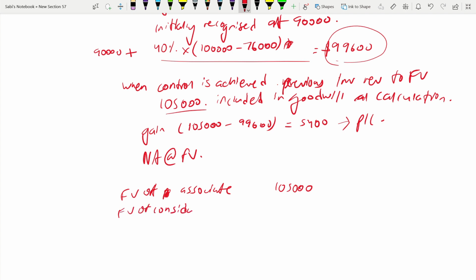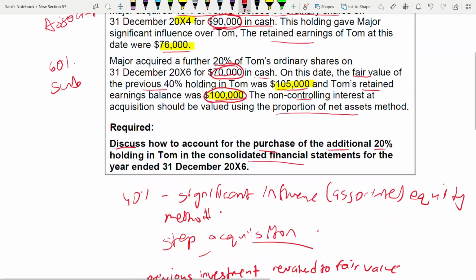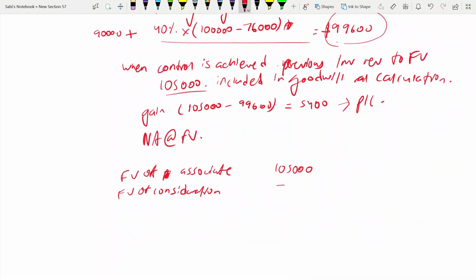Not when you're buying it for the first time, but when you got the control. Addition, fair value of consideration, not this 90,000. This 90,000 is for the associate, but this 70,000 you have to take when you have achieved the control. 70,000.